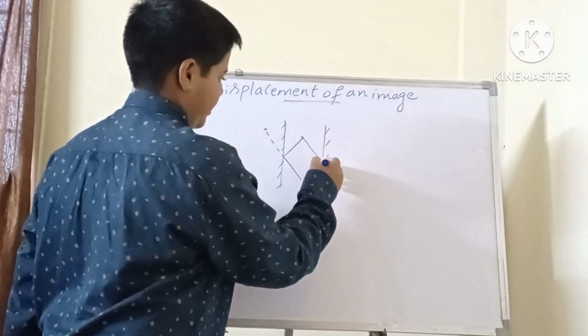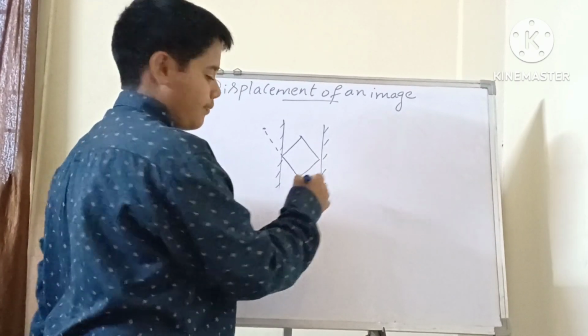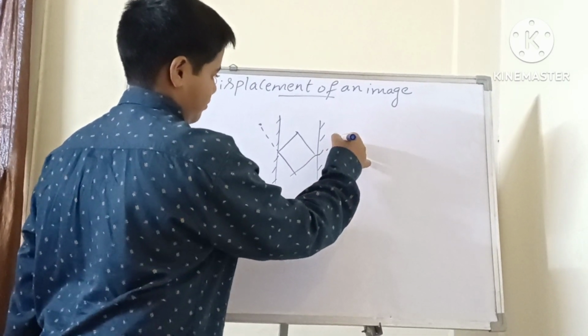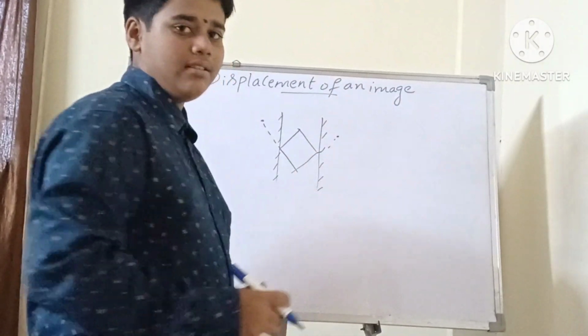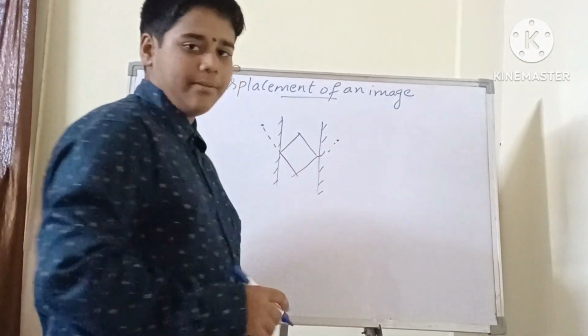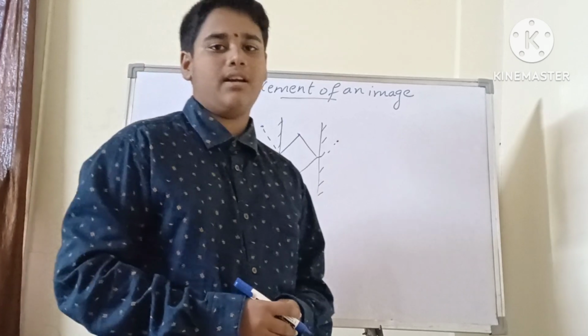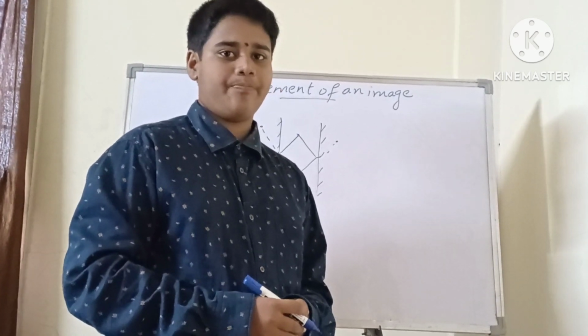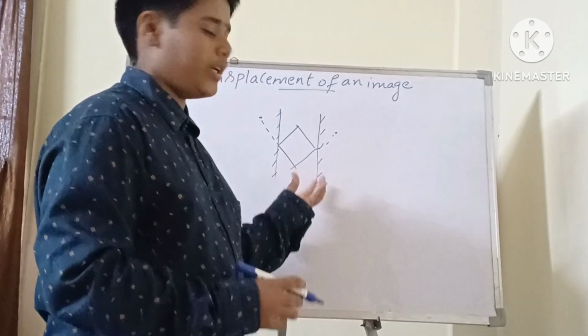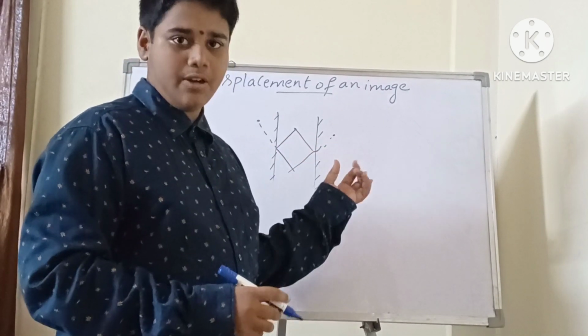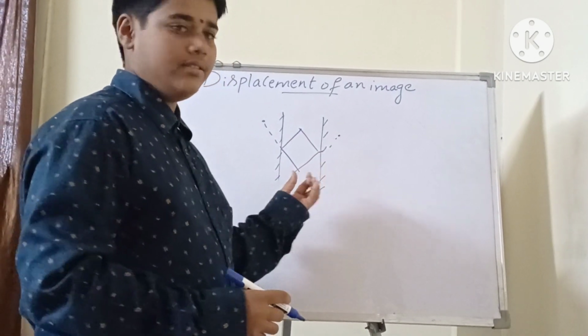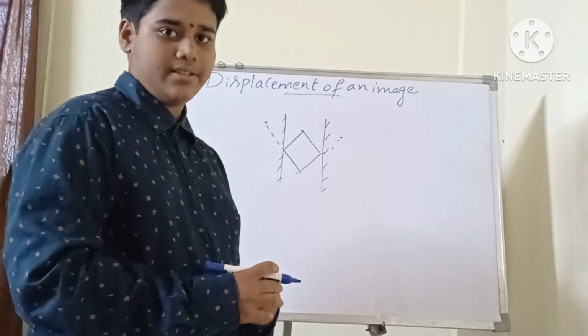And here, incident ray and reflected ray, this is the object. We already learnt that in parallel plane mirrors, the images are infinite, but we can see only a few because some of the light is absorbed. So that's why we cannot see all the images.